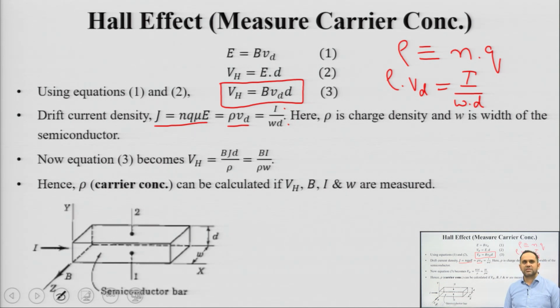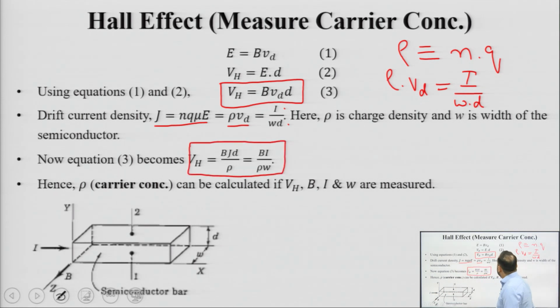Okay. We have already seen this in one of our previous lectures. Okay. So, now equation 3 can be written as Hall voltage equal to B dot d, Vd gets replaced by J over rho and J is I over W d. Okay. So, this is my expression for the Hall voltage, right.